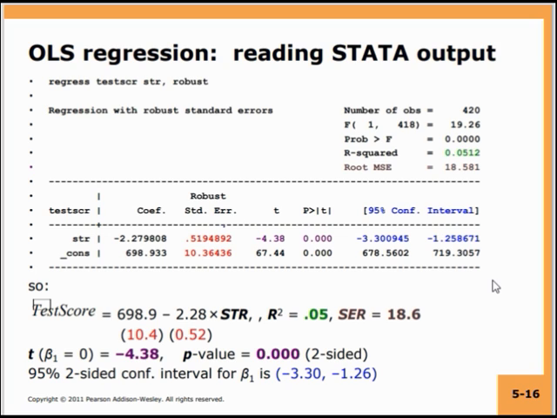It also gives you the associated t-statistics. It also gives you the p-value associated with each of these t-statistics, and finally it gives you the 95% confidence interval for both beta 1 hat and beta 0 hat. So this is what your typical statistical output might look like, and this is how you interpret that statistical output.